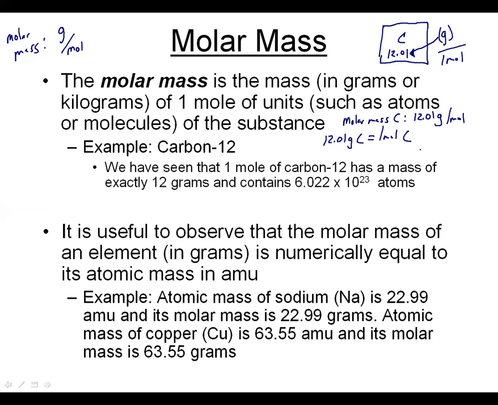And although if you were asked what the molar mass of carbon was, you pretty much would write it just like this, essentially, just like Avogadro's number, we can use molar mass as a conversion factor. From that 12.01 grams per mole, we could say that there are 12.01 grams of carbon over 1 mole of carbon.